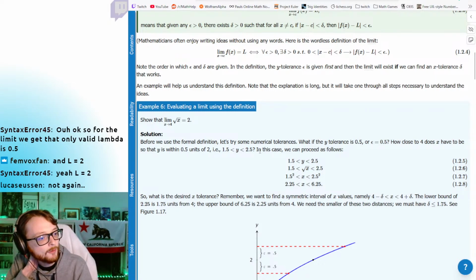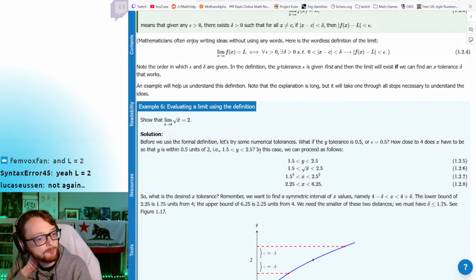I was saying lambda is a half would give you a limit of 2 for that previous one.